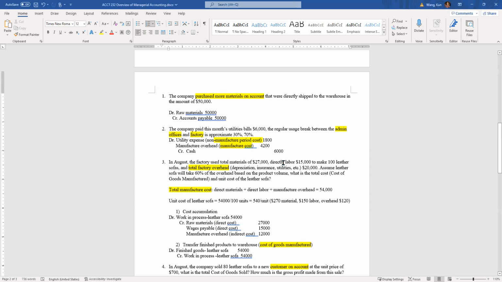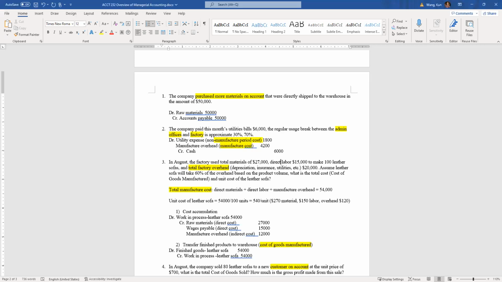Direct labor means the labor cost directly working on making the products, like the factory labor. So their cost is 15,000. And we intend to make 100 sofas.